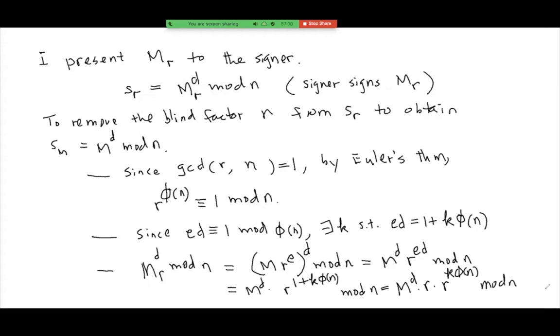Okay. So that really is equal to M to the D's power times R to the phi of N to the k mod N. So R to the phi of N mod N is 1 by Euler's theorem.